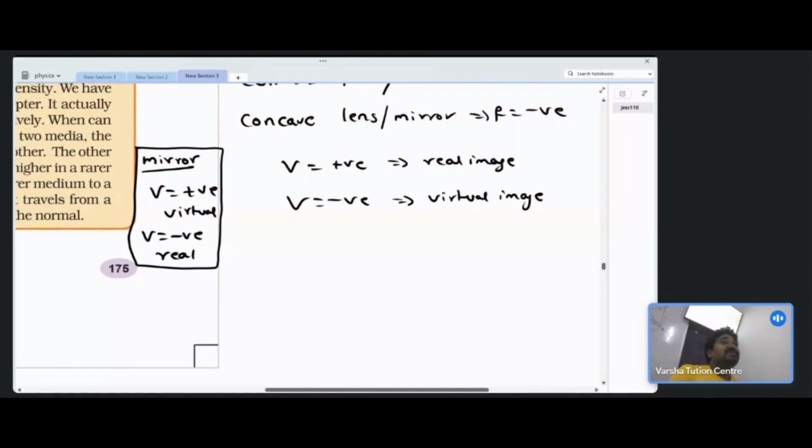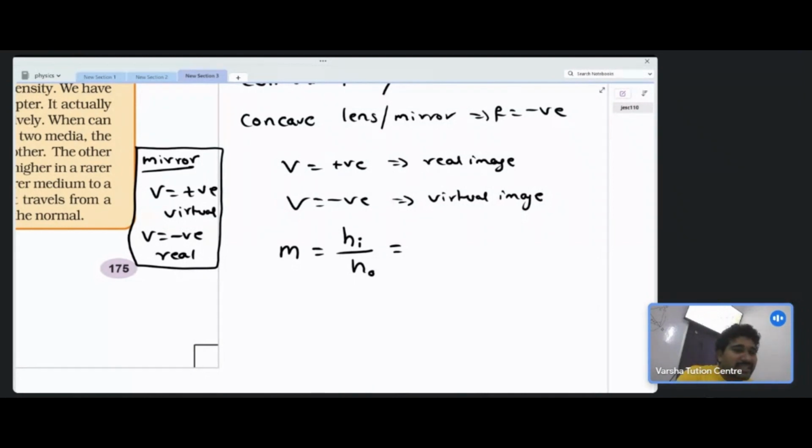Sir, like the mirror, here also there is a magnification formula. M is equal to the height of the image by the height of the object. This is always true, universal for everybody. How much the height of the image is and how much the height of the object is, that ratio is the magnification factor, which is equal to, in terms of V and U, V by U. There V positive is real, V negative is virtual; here it is reverse, right?